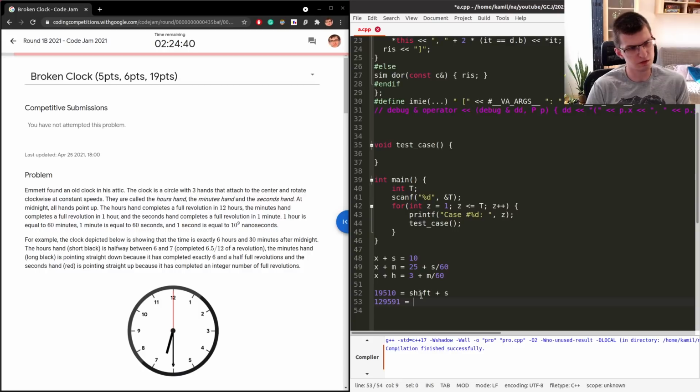This is equal to the shift plus m plus s divided by 60. Number of minutes divided by 60 plus this, I think. We need to solve the system of equations.